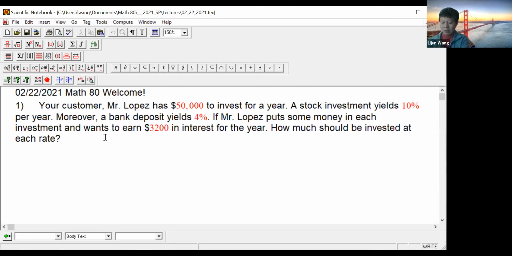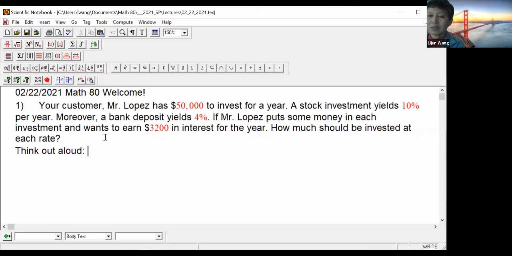So I'm going to have a think-out-aloud part. How do we analyze this question? Suppose you have $50,000 to invest for a year, and a stock investment yields 10% per year.